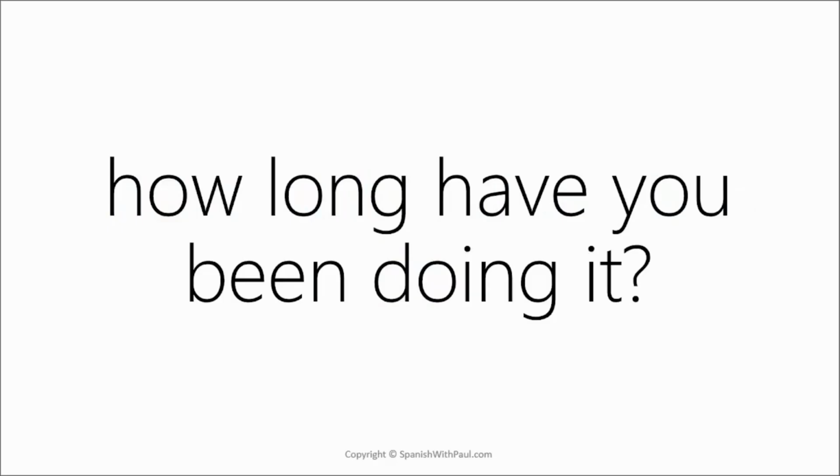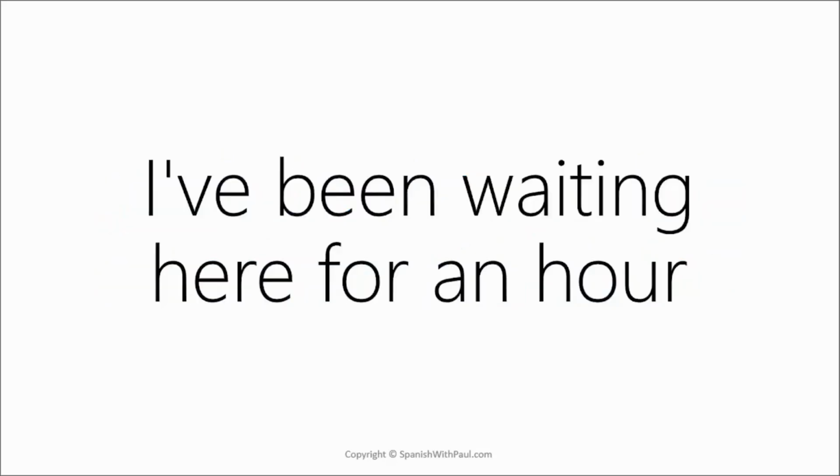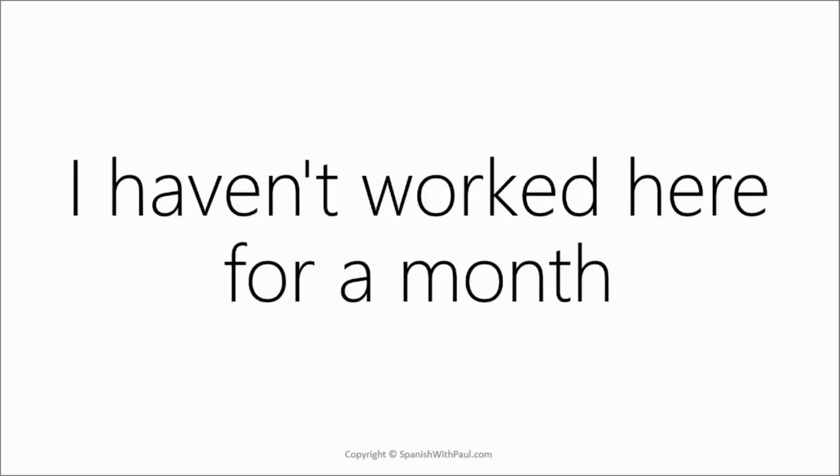How long have you been doing it? ¿Cuánto tiempo has estado haciéndolo? I've been waiting here for an hour. He estado esperando aquí por una hora. I haven't worked here for a month.